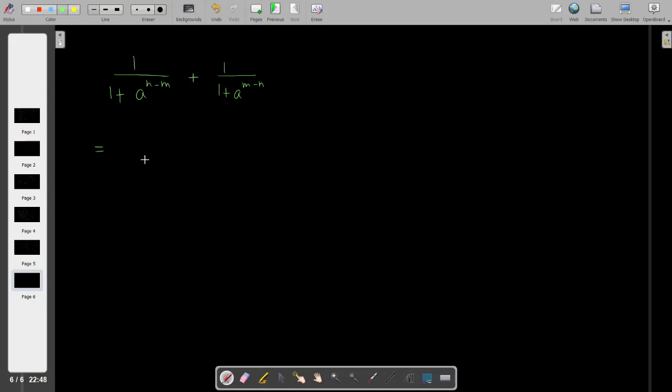Okay, begin. 1 by 1 plus a to the power n minus m, right? So I can just put it like this, by a to the power m.